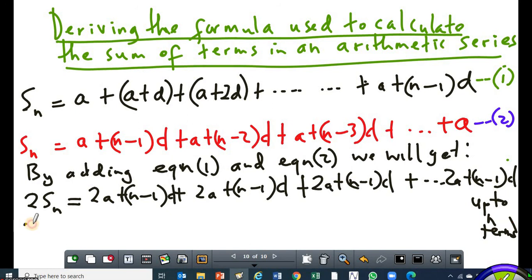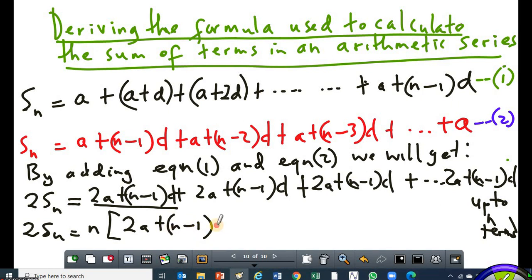So to get the total of the right-hand side, it will be this term times n, the total number of terms, so n times (2a plus (n minus 1) times d).